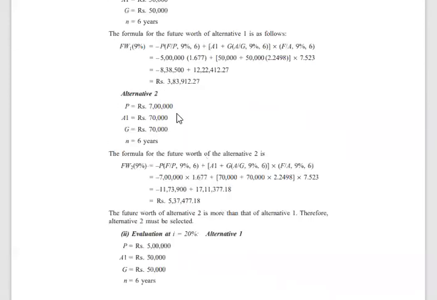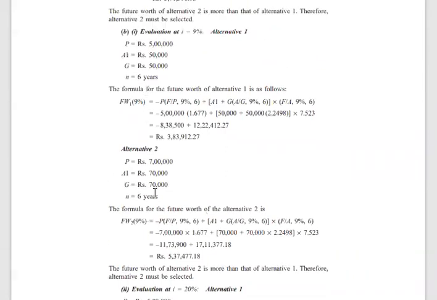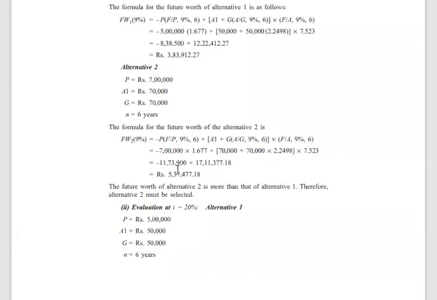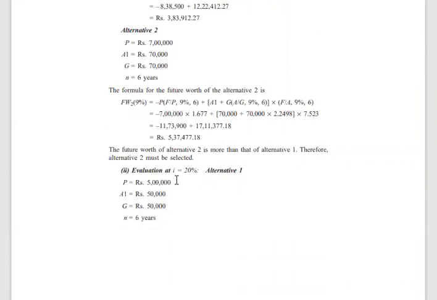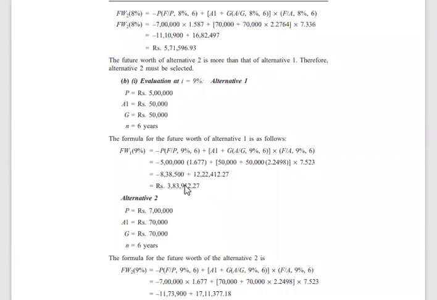Here you can adopt the 9 percent for the first diagram, and then again for the alternative you are opting with 9 percent and checking. Then again reevaluate with 20 percent interest and verify the values.